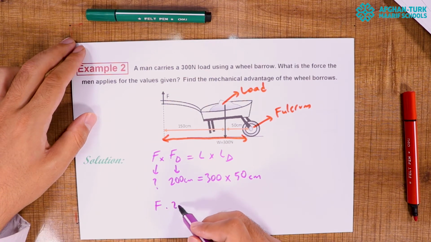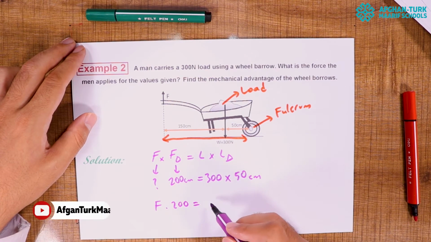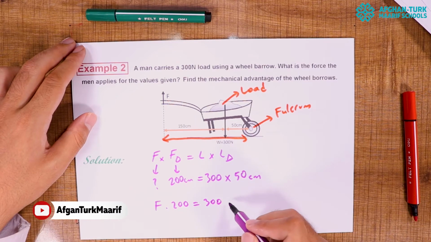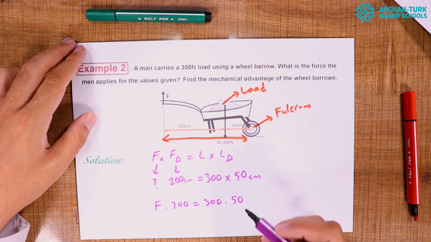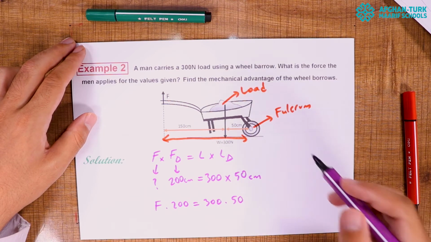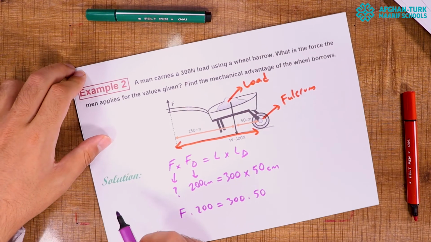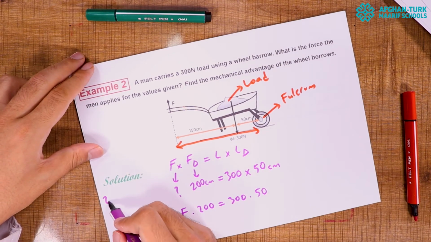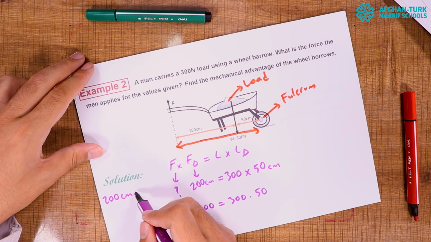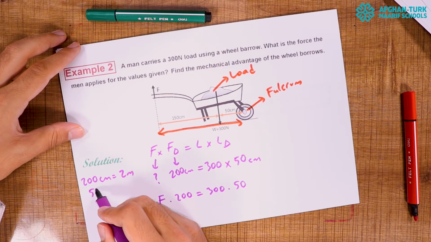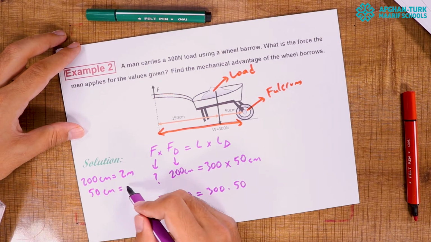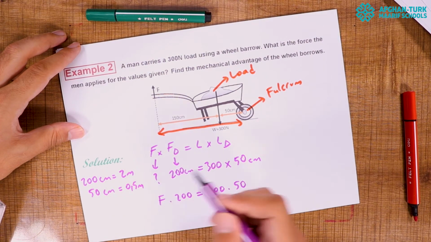Force times 200 centimeter is equal to 300 times 50 centimeter. Let's convert centimeter into meter first, and then we apply the formula. 200 centimeter is equal to 2 meter, and 50 centimeter is equal to 0.5 meter.